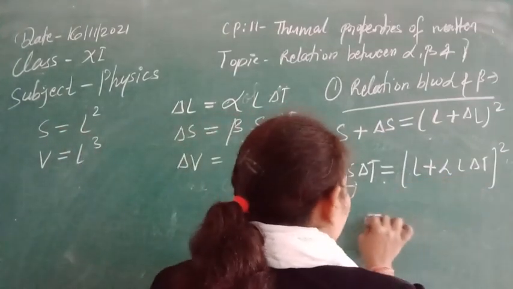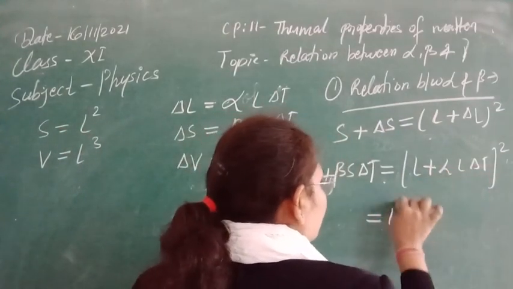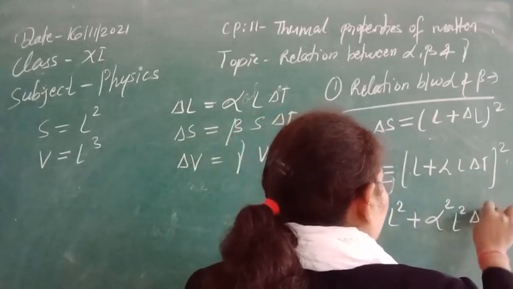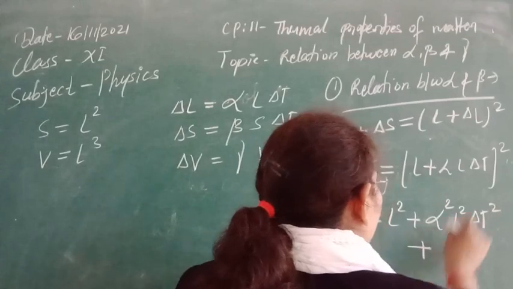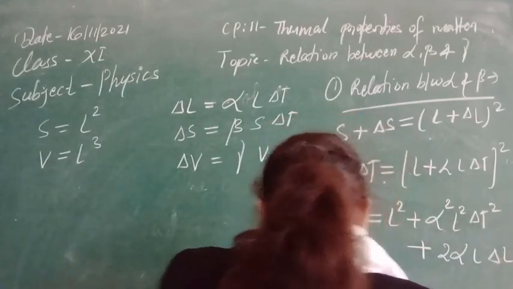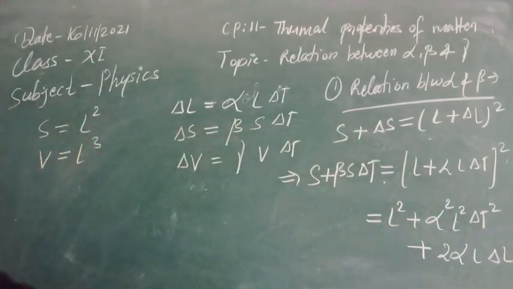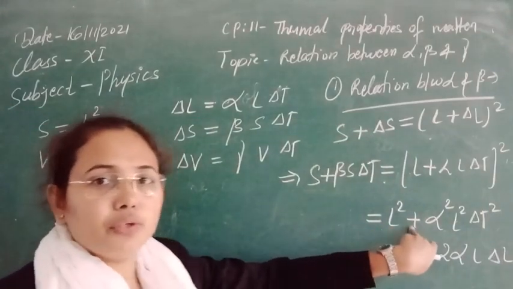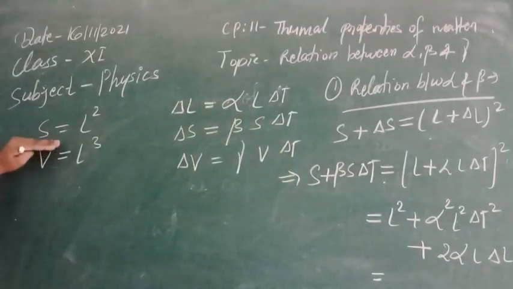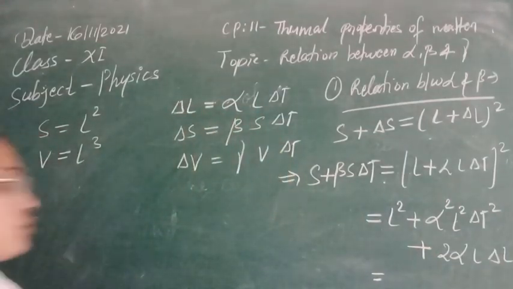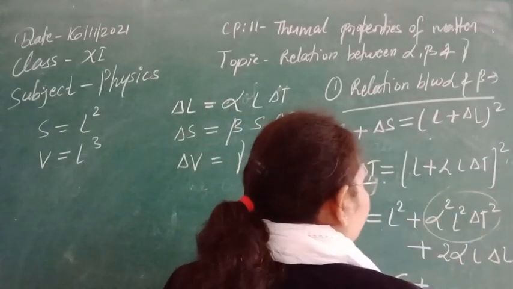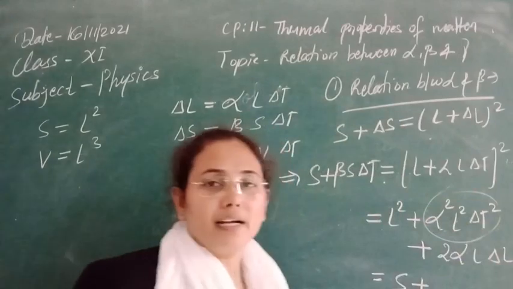Now let's expand this whole square equation. This will be L square, then alpha square L square delta T square, and the last one is 2 alpha L square delta T. In this, the first term L square is the previous or original surface area of the cube, so we can write it as S. The second term is alpha square L square delta T square.